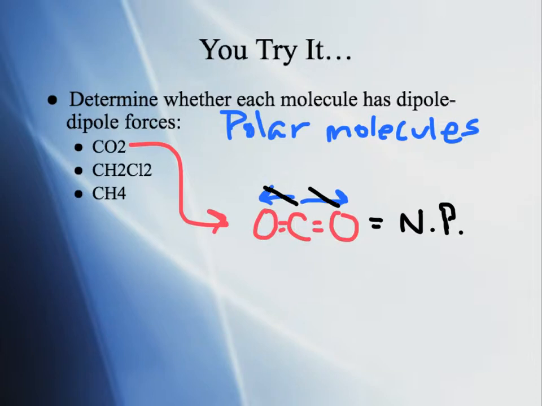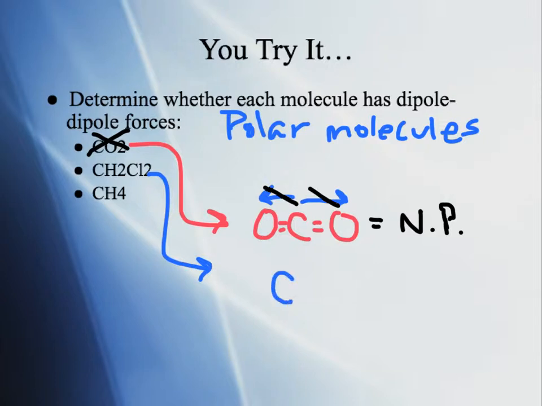If this is a nonpolar molecule, it does not have a dipole-dipole force. The only intermolecular force would be the dispersion force, where we've got instantaneous dipoles being set up with slight charges for a second or less. Okay, so let's take a look at the next one.